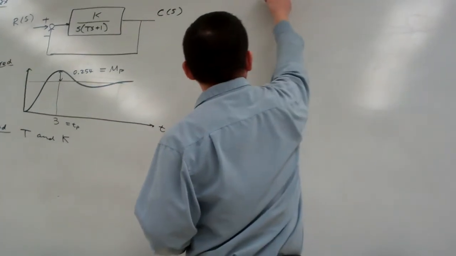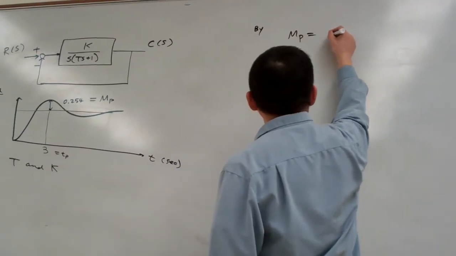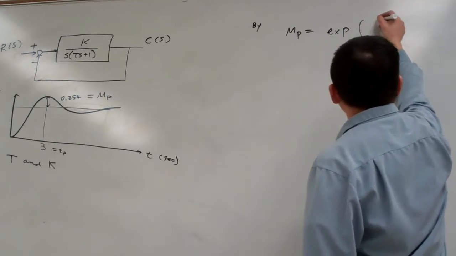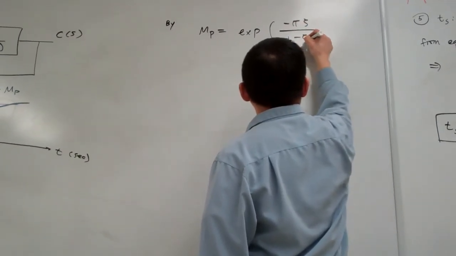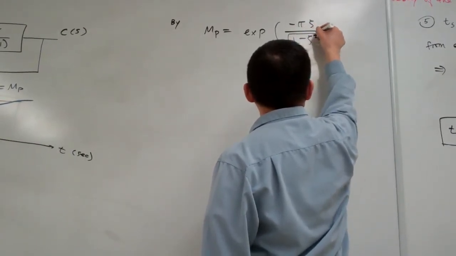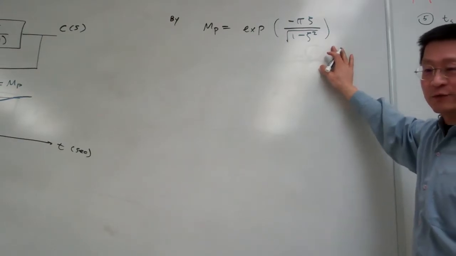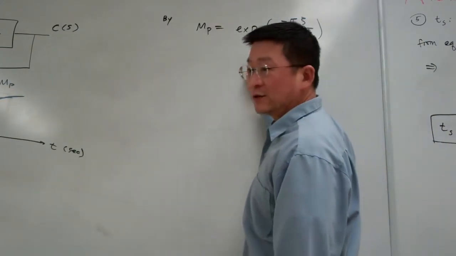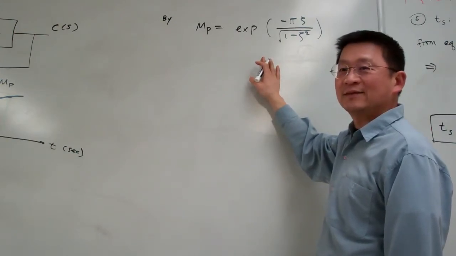For Mp, our formula is exponent minus pi zeta. Hopefully this is right. Can you compare with your lecture notes from a couple of minutes ago? Is that right? Good.